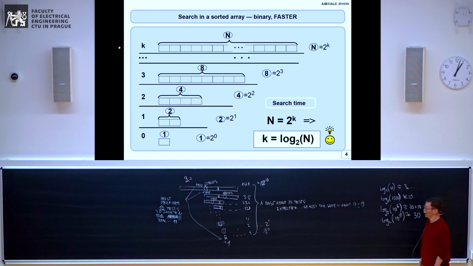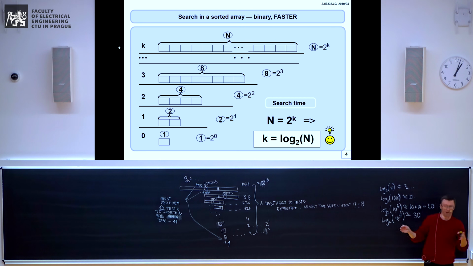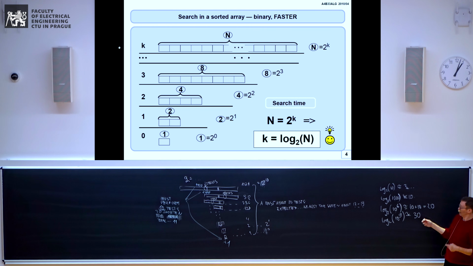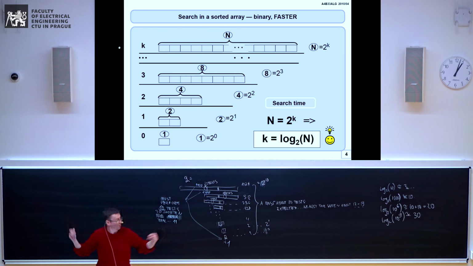And therefore, you know that if your array or your list where you are looking for a particular element has 1 billion elements, so it takes more or less the whole memory of your machine, then you have to perform about 30 tests, which is a very small number compared to the size of the data. So it is very efficient. That's why they show this bright face with a light bulb on.